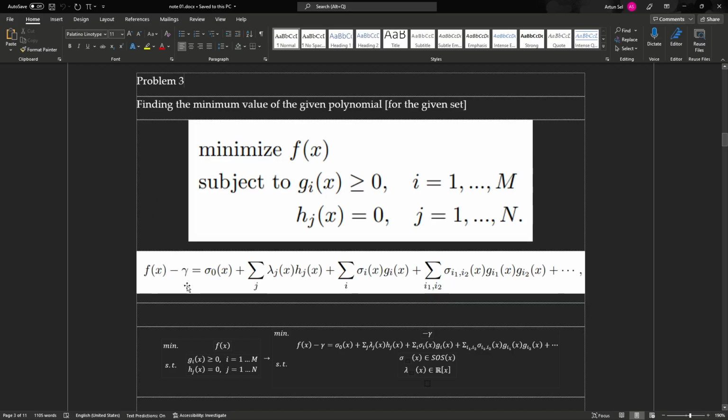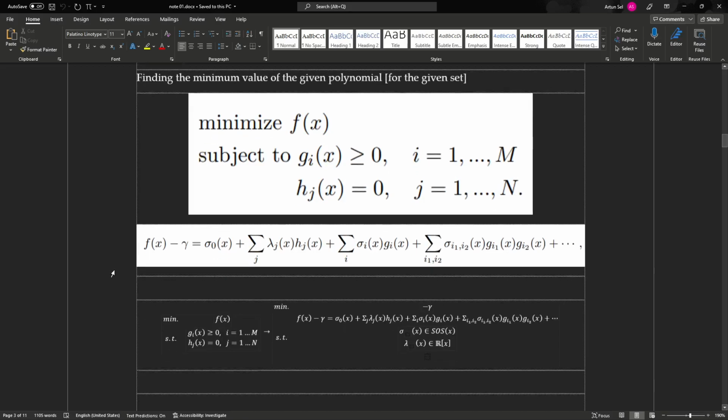And again, we are expressing the optimization problem as a bisection problem, and we again use minus gamma. This is the equality, and the fact that this equality exists is called the Positivstellensatz. Of course, I butchered that word.